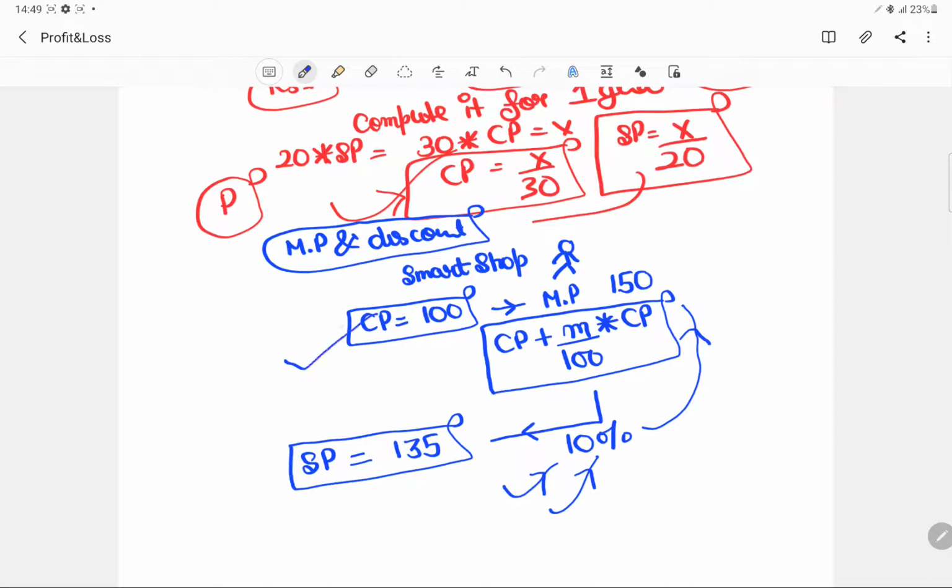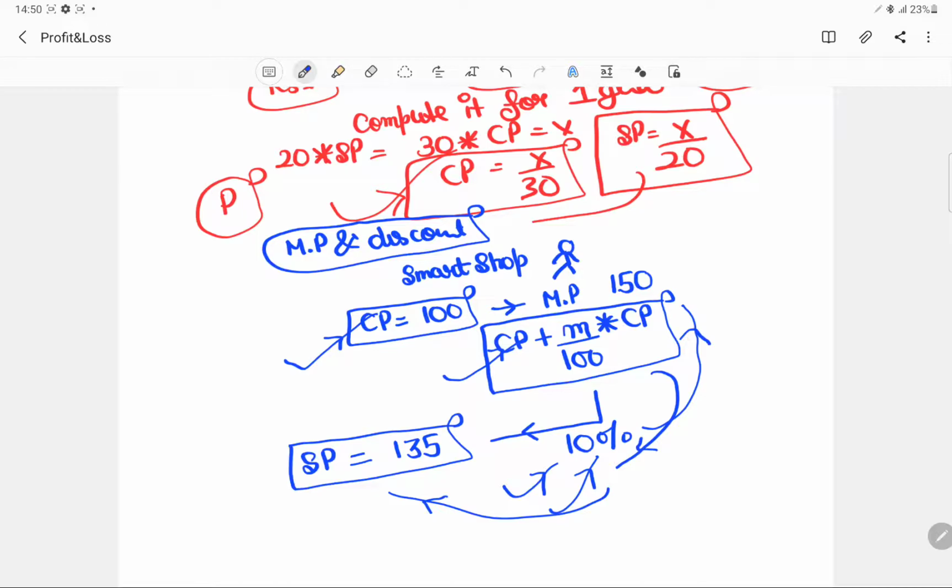They mark up the price of the article by a certain percentage, and then they offer a discount, and the people will think, oh, such a nice shopkeeper. And then the selling price comes out, and the selling price in this case is always calculated over the marked price.